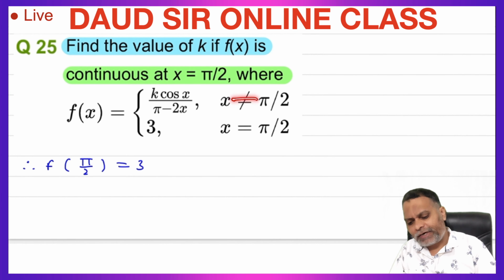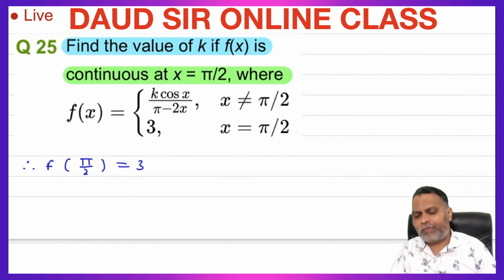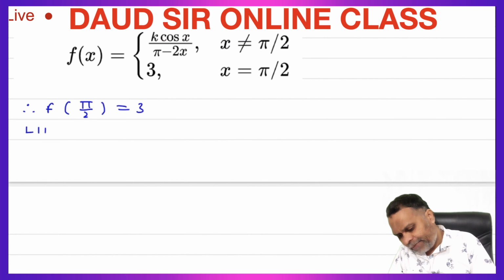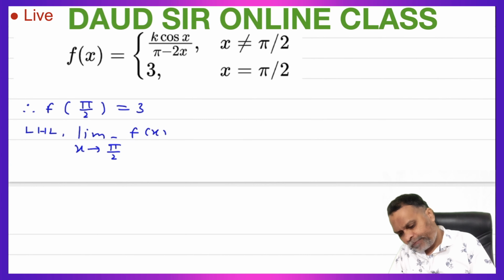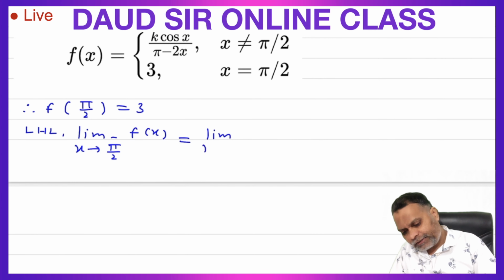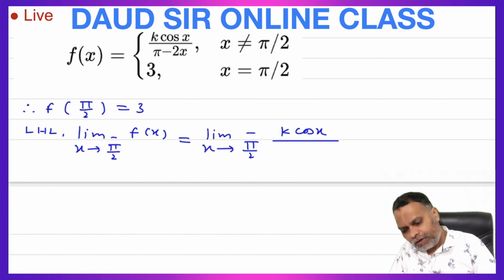Now calculate the left hand limit and right hand limit for x is not equal to pi by 2. So first left hand limit, limit x tends to pi by 2 minus f of x is equal to limit x tends to pi by 2 minus k cos x upon pi minus 2x.